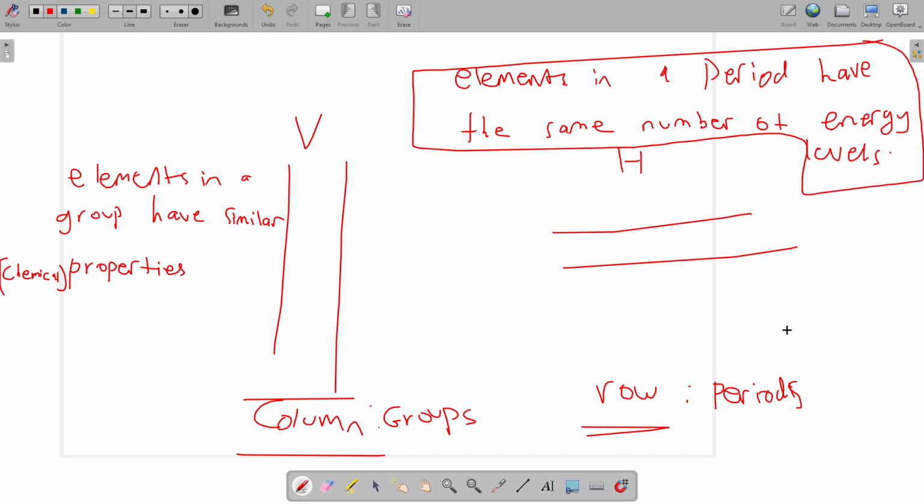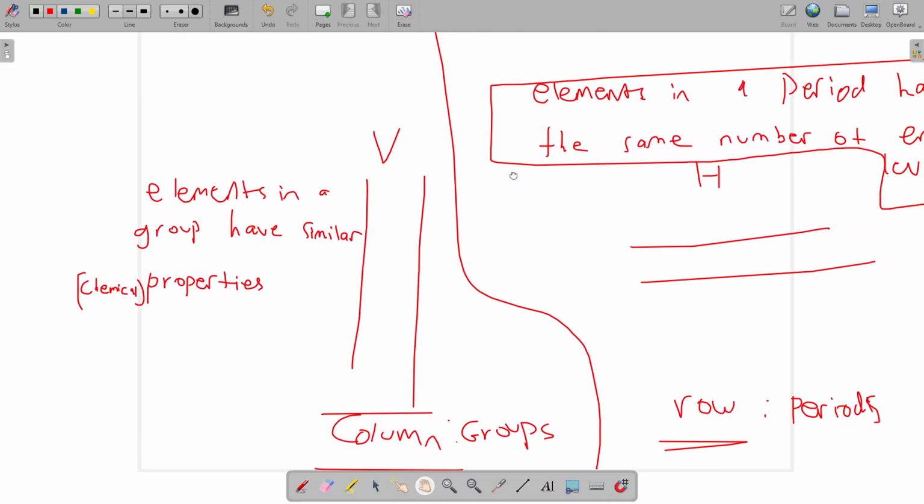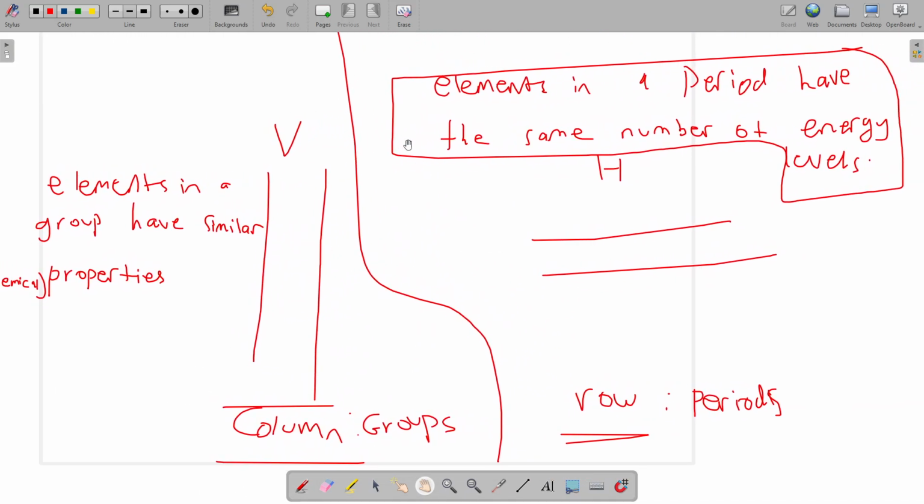Okay, I want you to screenshot this. I can't see anything. Please screenshot this quickly, because I'm gonna be using it in the whole quiz and I won't go back. Okay.